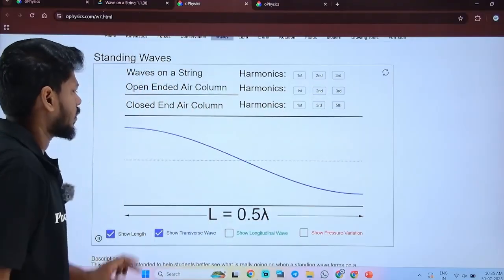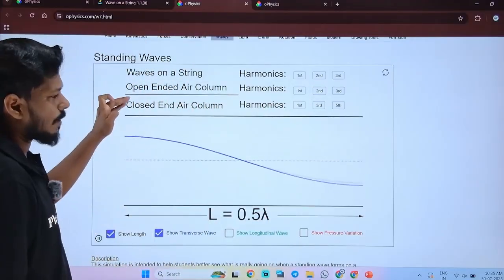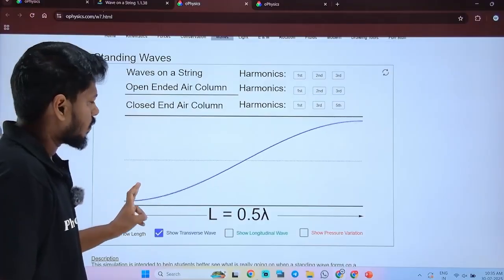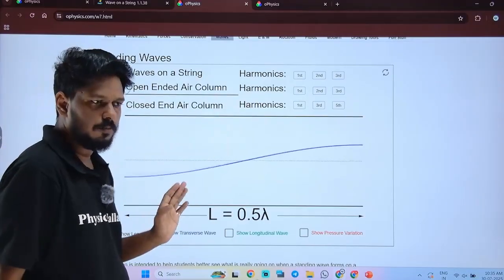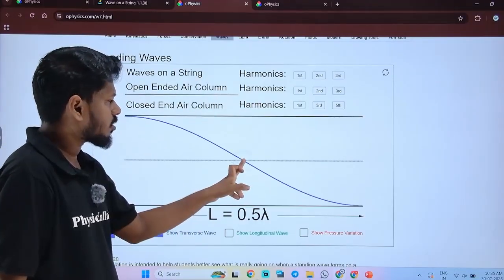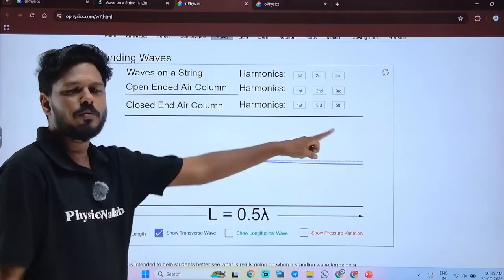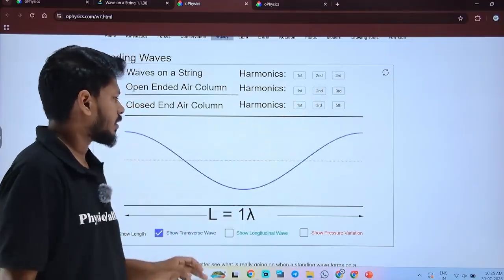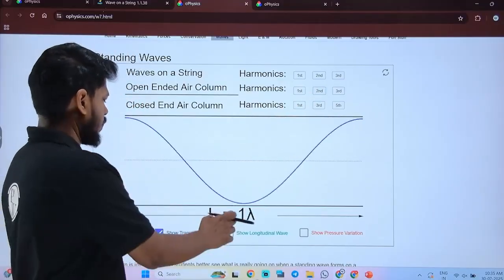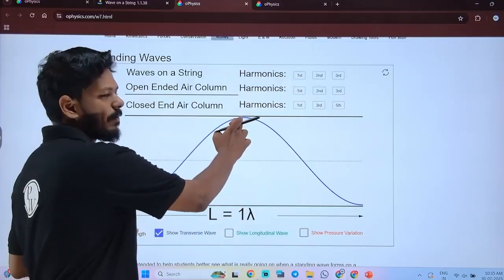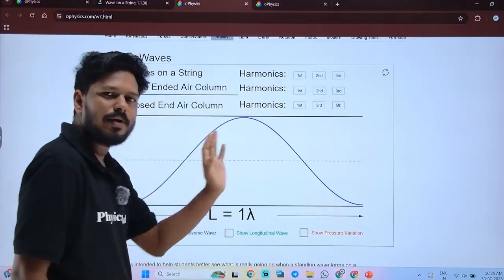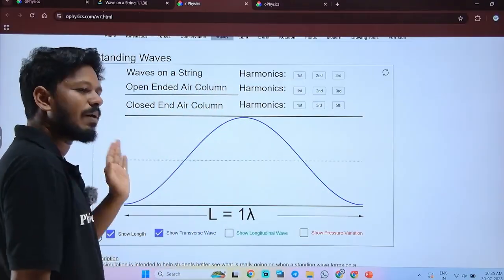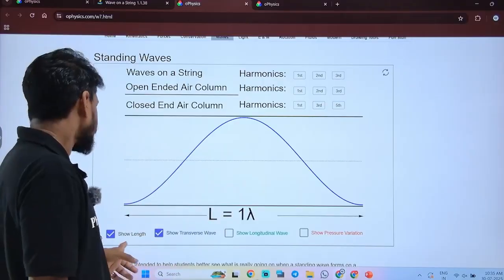First one, if you see, after reflection it is going up and down. This is my first harmonics. This point is not moving. This is called node, and these 2 points are antinodes. For second harmonics, from here to here lambda by 2, here to here lambda by 2, so it has an integral multiple of lambda by 2.